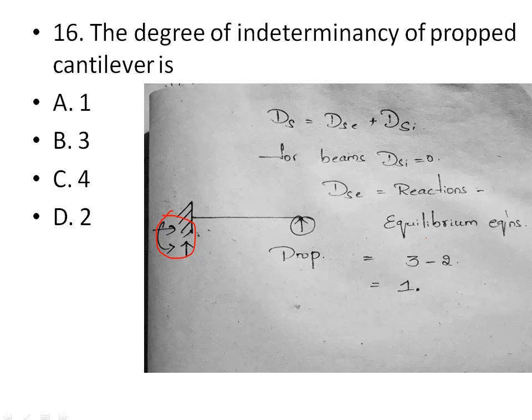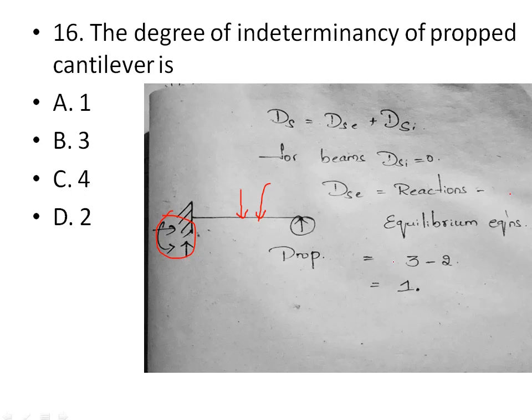For the coplanar non-concurrent, the forces are acting at 2 different points, and it is a coplanar non-concurrent force. In that case we have to take the 3 equilibrium equations.